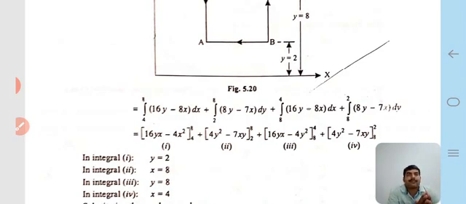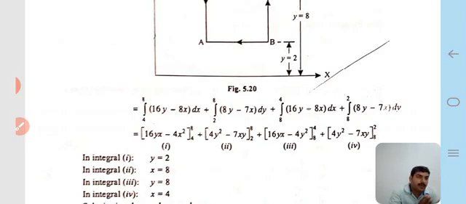The velocity components are already given: 16y minus 8x dx, and the v dy component is 0, plus the BC part, B to C, which goes from 2 to 8, of 8y minus 7x dy.